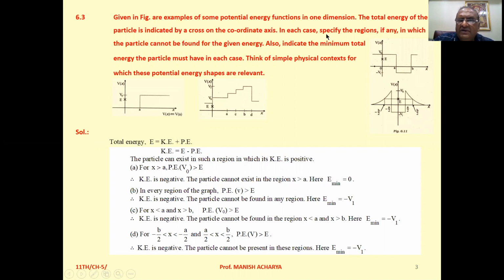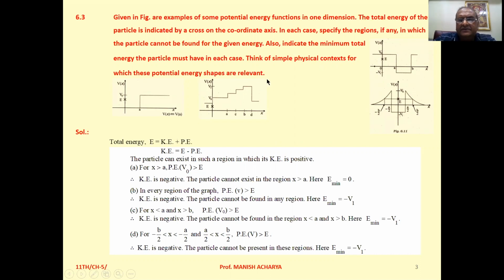In each case, specify the region, if any, in which the particle cannot be found for the given energy. Also indicate minimum total energy the particle must have in each case. Think of simple physical contexts for which these potential energy shapes are relevant.